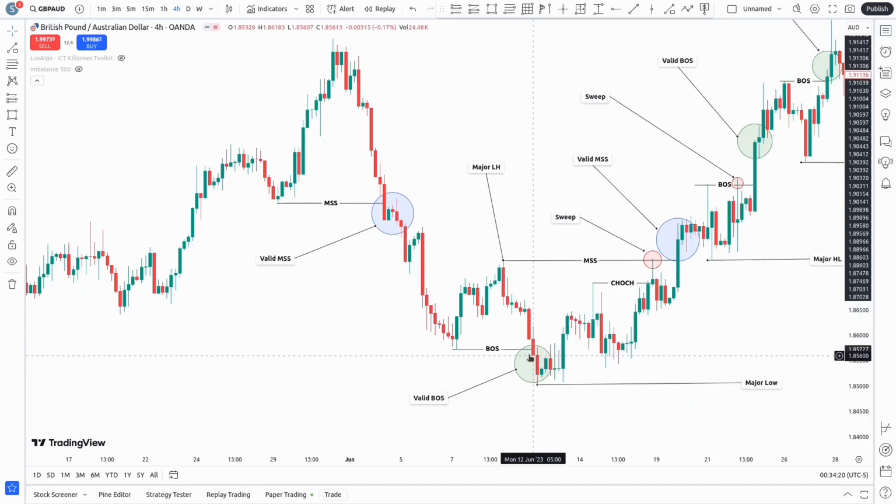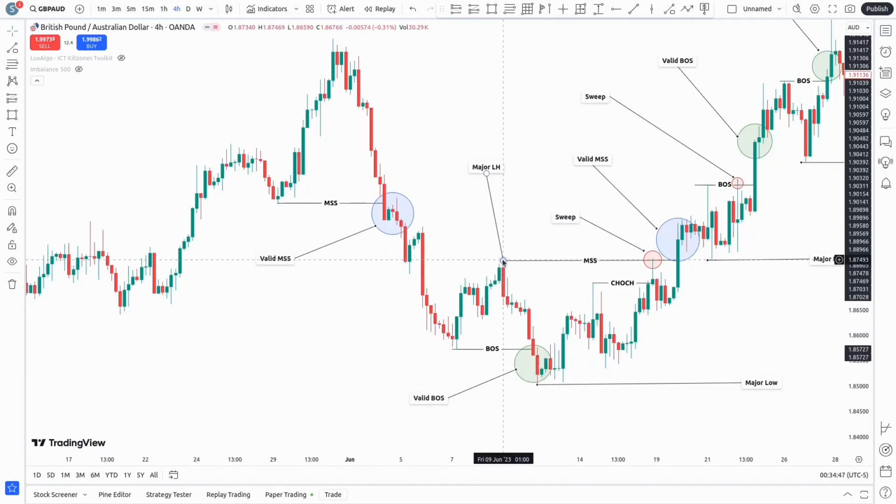As you can see, the first candle and the second candle are big displacement candles. The break points till they form a major low here. That is a valid break of structure. Automatically from here to here, we can confirm that we are in a downtrend.